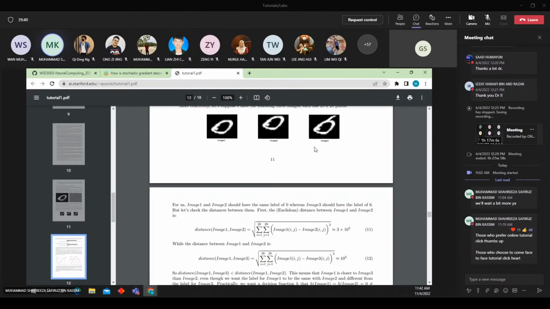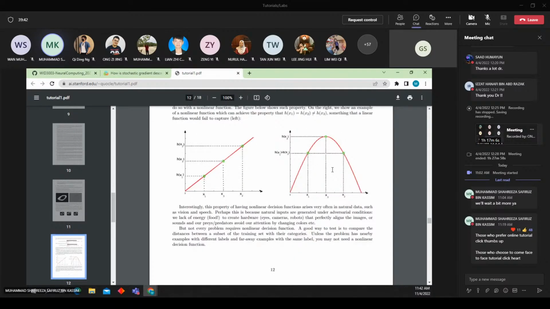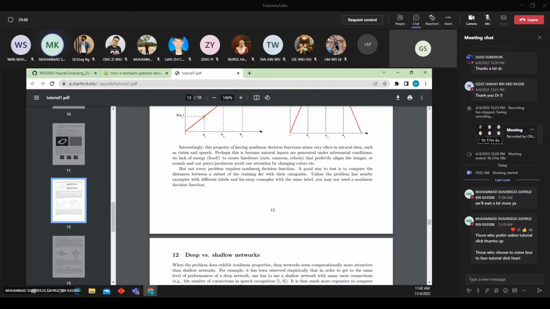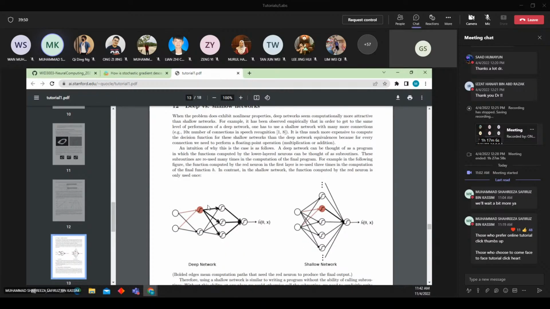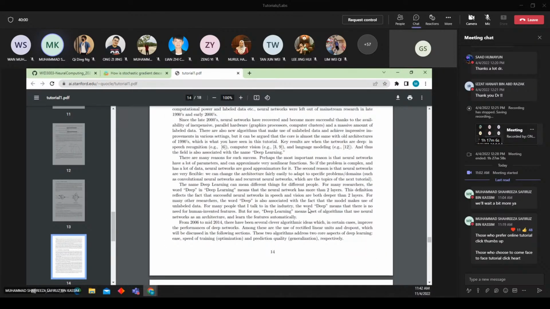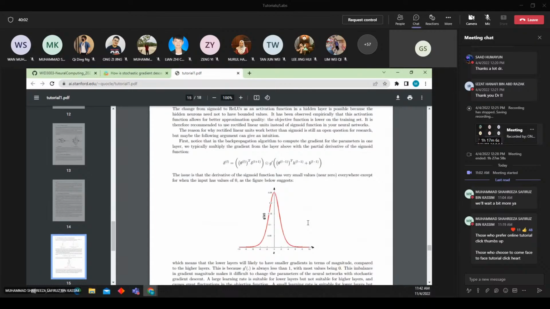You already know this, but it gives you some more intuition. What is the difference between a deep and a shallow network? Sometimes your network is just as strong as a shallow network, and a brief history of deep learning, and so forth.